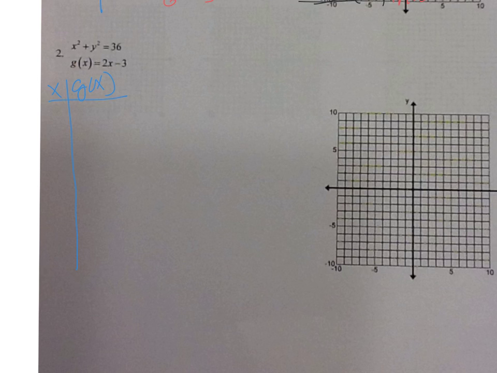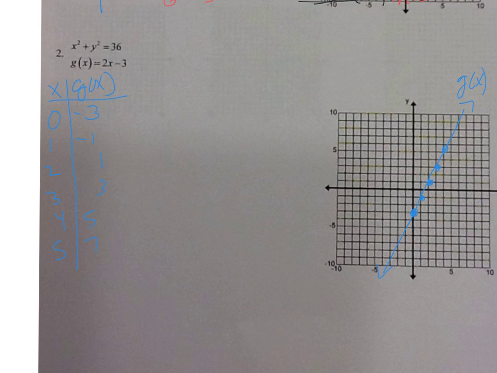My table of values would be 0, -3, 1, -1, 2, 1, 3, 3, 4, 5, and 5, 7. Plot your points. Use a nice straight edge to graph your points and call that g of x.